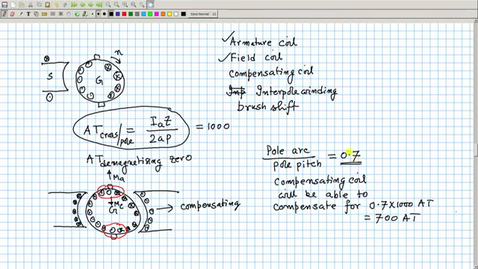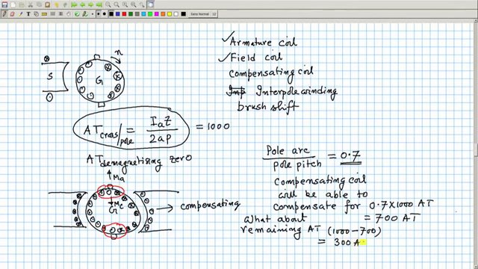Now, what about the remaining 30%? That is, 1000 minus 700, or 30% of the 1000, that is 300.